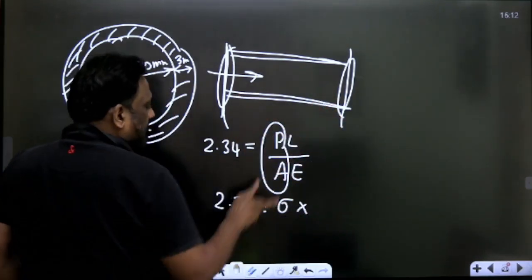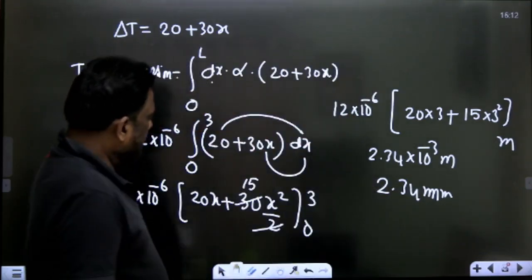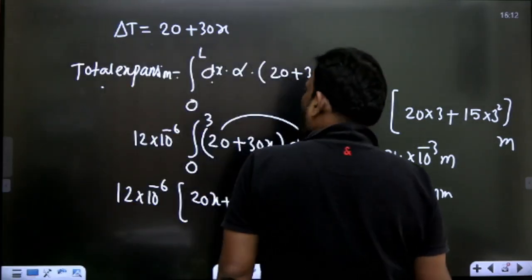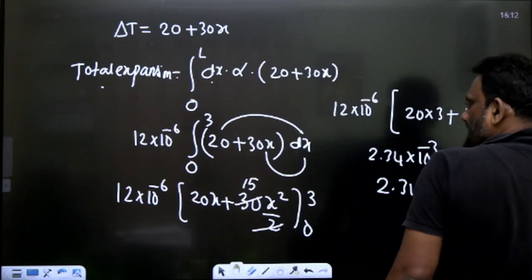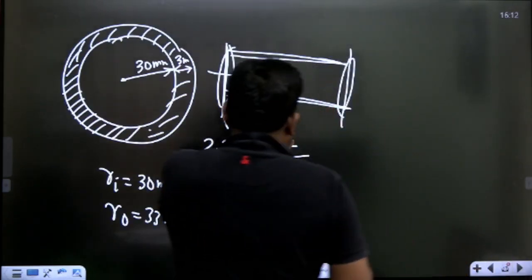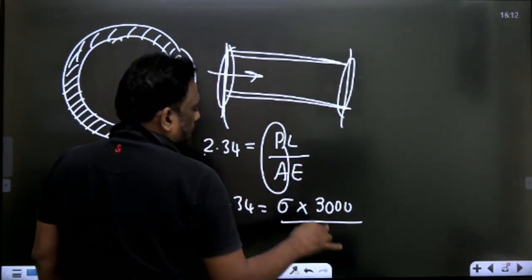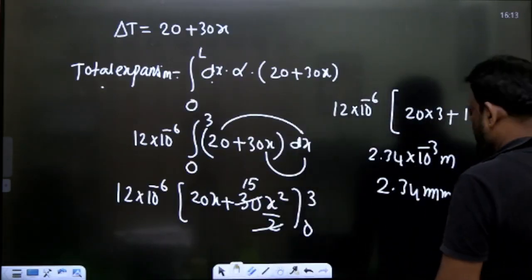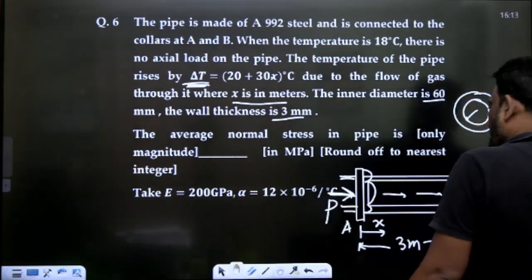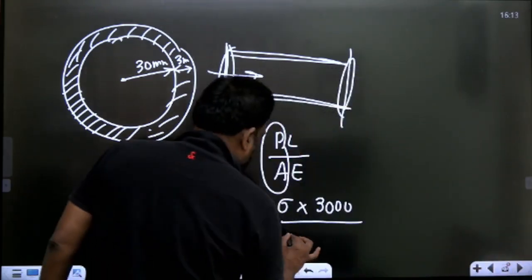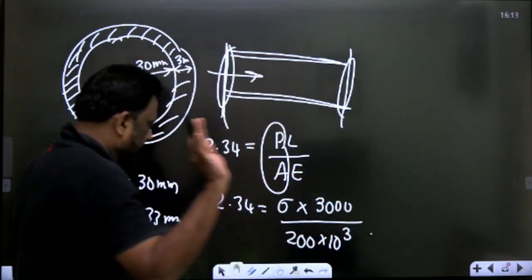What is the length given? The length is 3 meter, and this L should be in mm, so 3 meter is 3000 mm, divided by Young's modulus. Young's modulus is 200 into 10 power 3, because it was given in gigapascal and I converted it to megapascal.